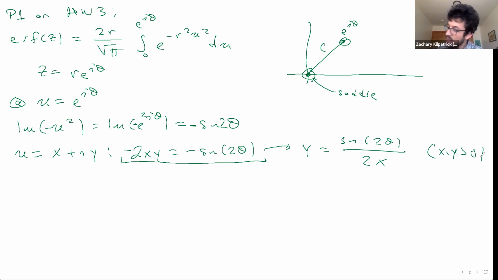Okay. So that suggests that you have this contour here that runs in this direction. And that should give you a clue as to what direction you might have to take from the saddle in this case.